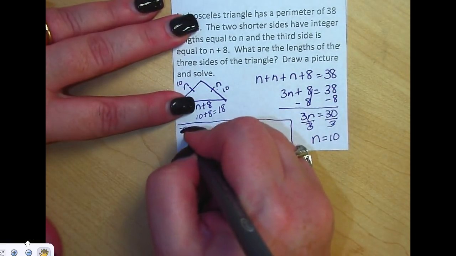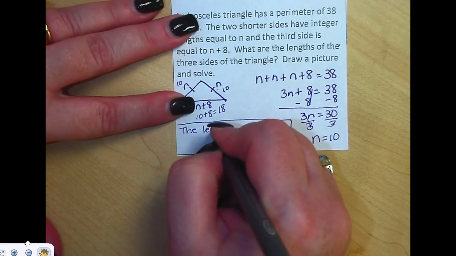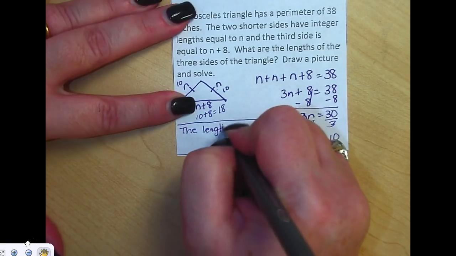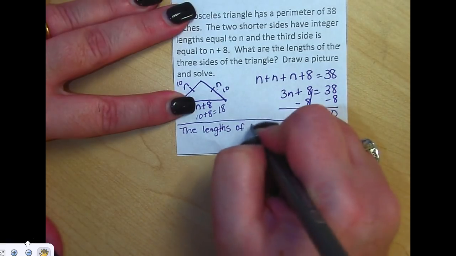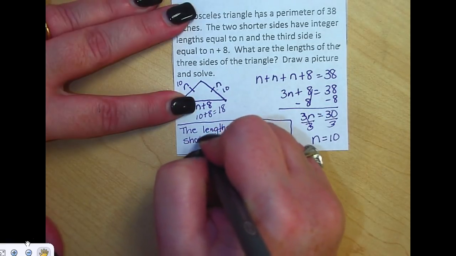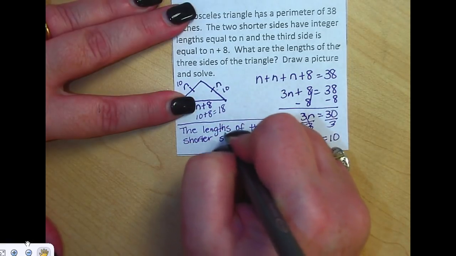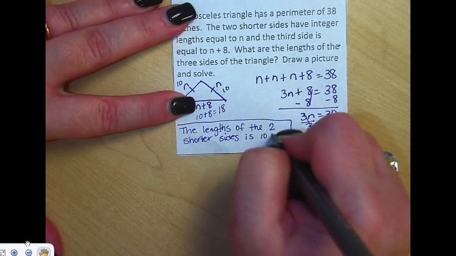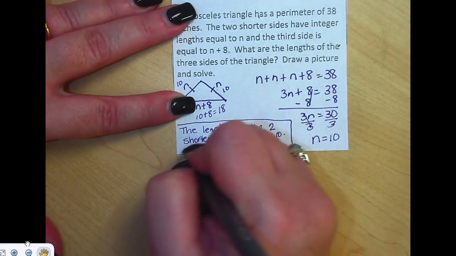now I need words. The lengths of the two shorter sides is 10 and 10.